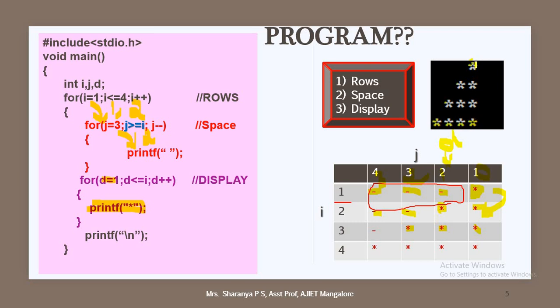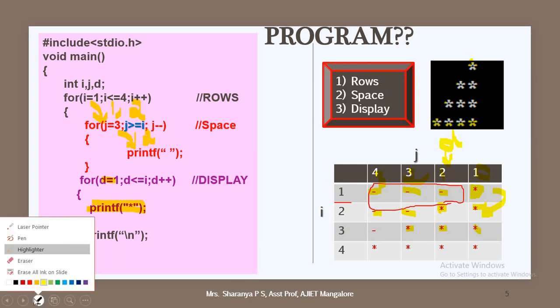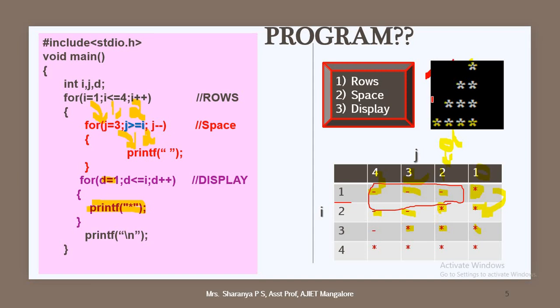So here, as a concluding remark for this pattern, we come across three aspects. If we see, first, some space is there while printing the content. The first thing we have to consider is that we have to run three different loops. One is for printing rows, the second one to print the space, and the next to display the actual content.